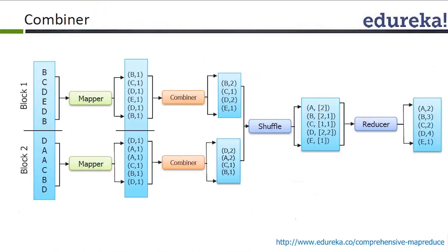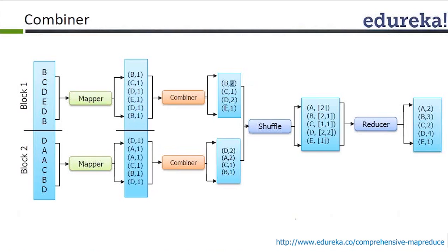And this slide should make it very clear for you. So here you have got 2 blocks. See how similar words are there. If I had not used the combiner, all of these words as they are would be going down to the actual reducer. In case the combiner is there, you see the similar words are brought together.